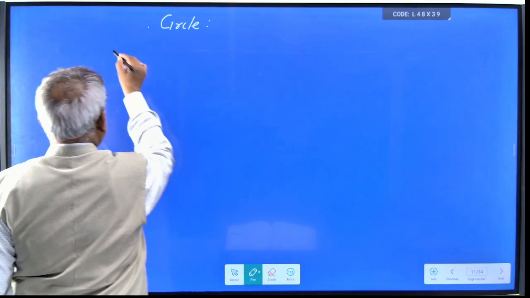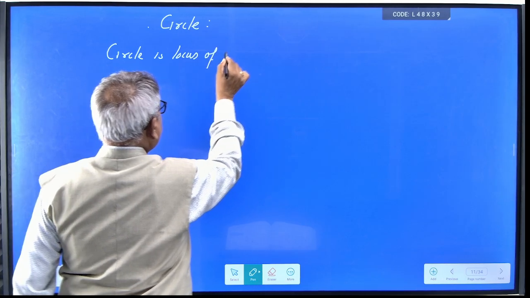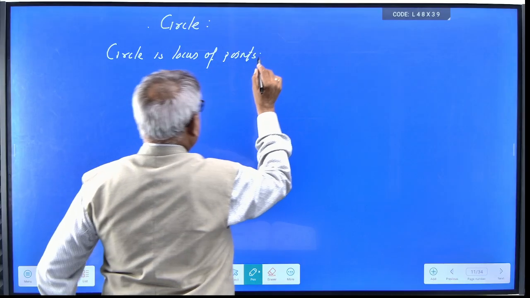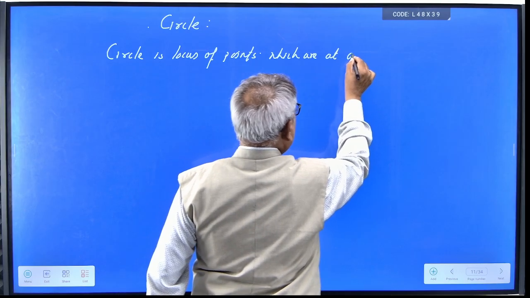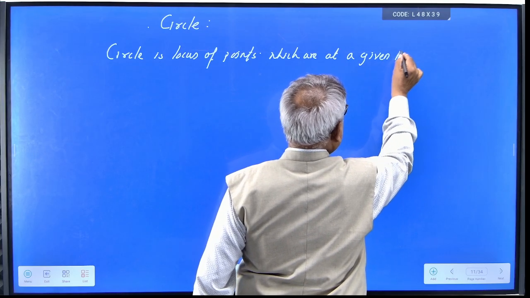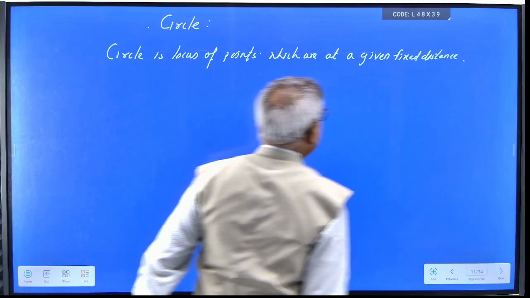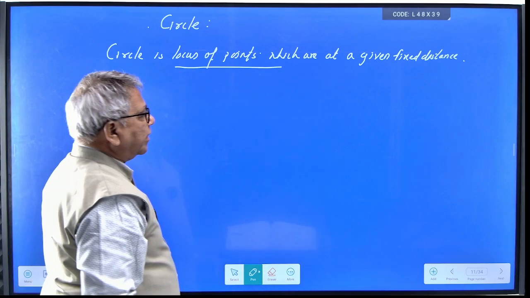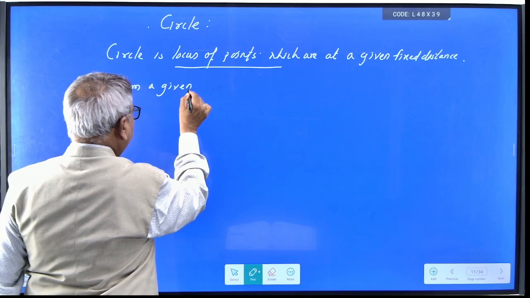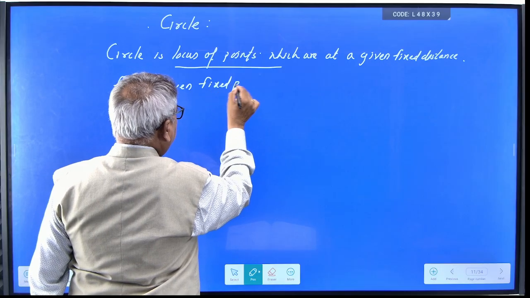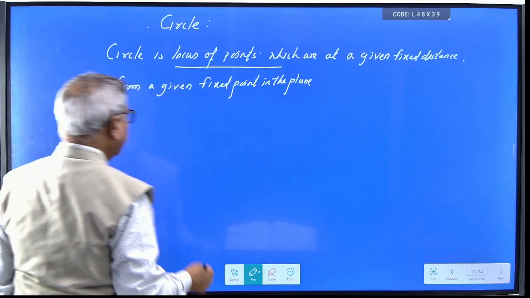Circle, what is the basic definition? A circle is the locus of points, that is, a collection of points which are at a given fixed distance from a given fixed point in the plane, right?